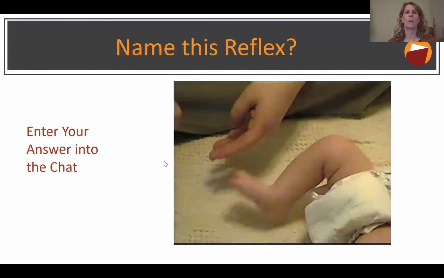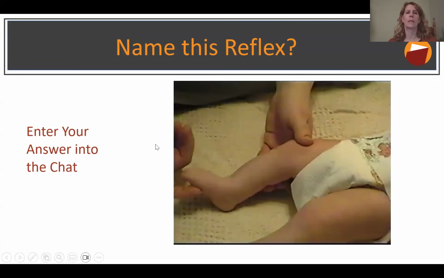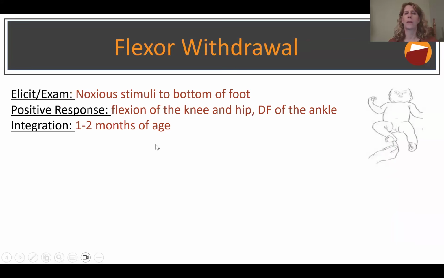Okay, so what I want to talk about right now with this reflex is the flexor withdrawal. I did a noxious stim to the bottom of the foot. I just used my nail and did a little scratch at the bottom of the foot. And what do we see? We see flexion of the hip and the knee and dorsiflexion of the ankle. It integrates really early. Now, if I pinprick the bottom of your foot, do you have a flexor withdrawal?